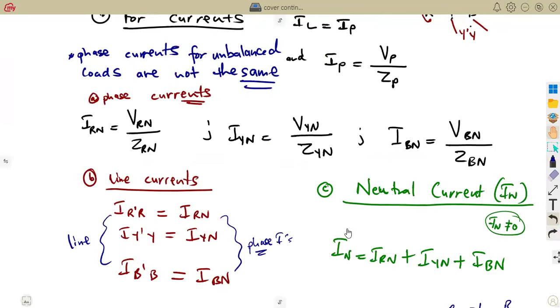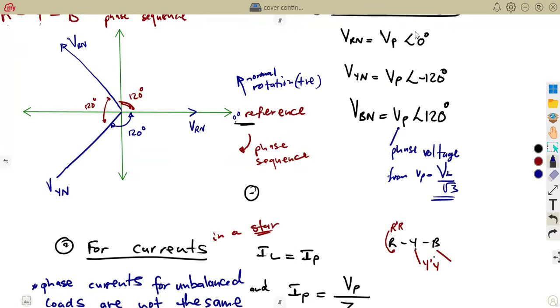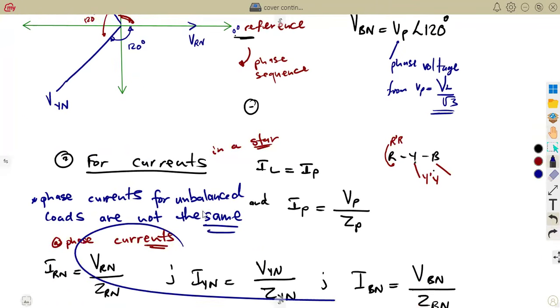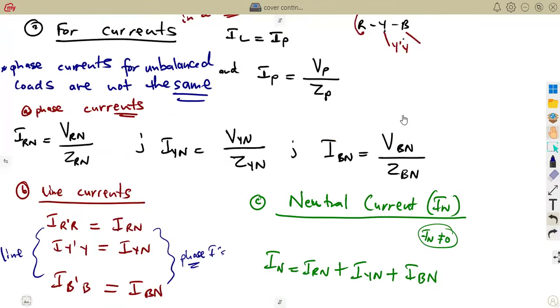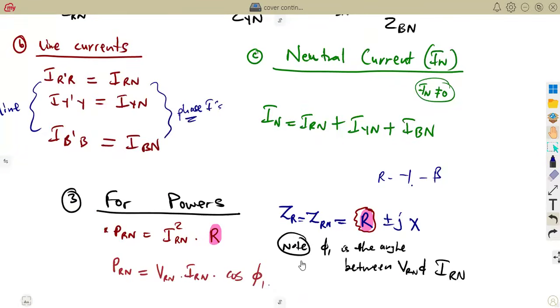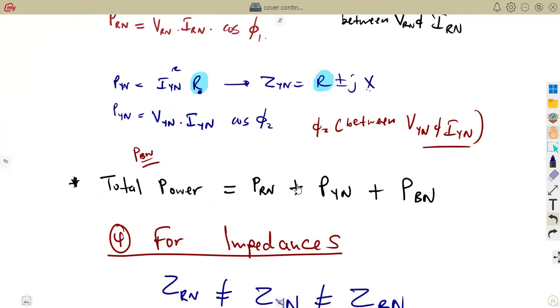I want you to see here. The voltages here, they have their own angles. Same with these currents that you're calculating here. They will be having their own angles. So you must relate those angles with the angles also on your diagram to find these phase angles that you are referring to as phi 1, phi 2, phi 3, depending on the one that you're calculating the power.